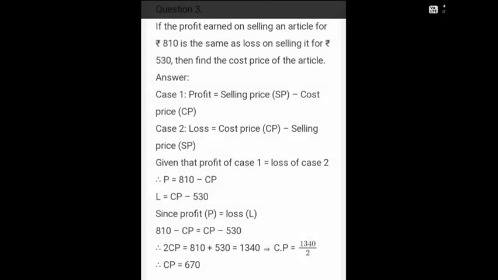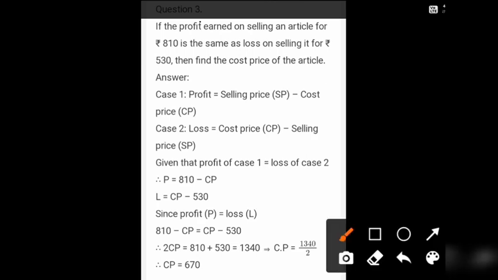Next question number 3. If the profit earned on selling an article for rupees 810 is same as the loss on selling it for rupees 530, then find the cost price of the article. Here what is given?